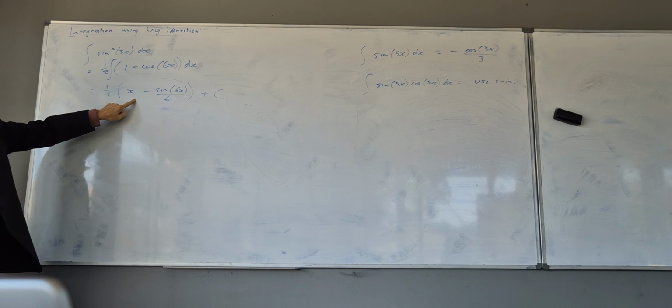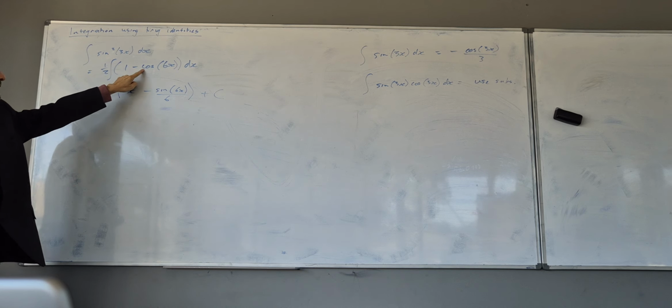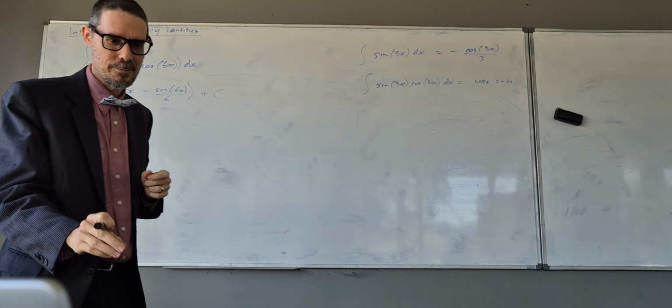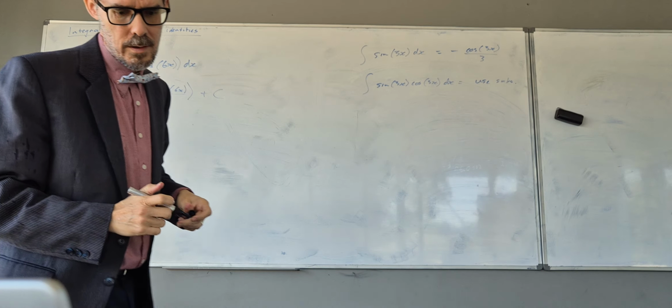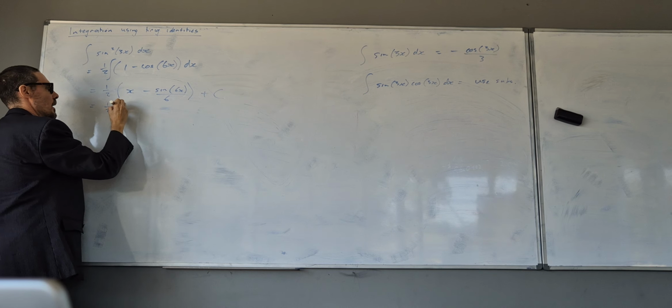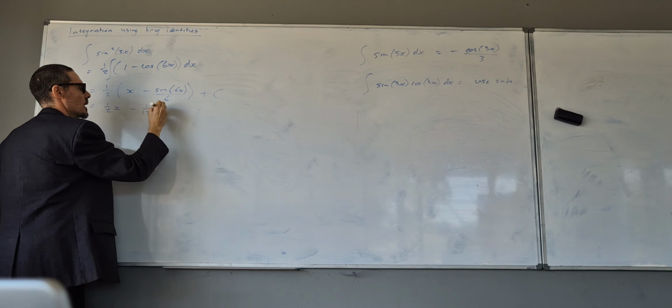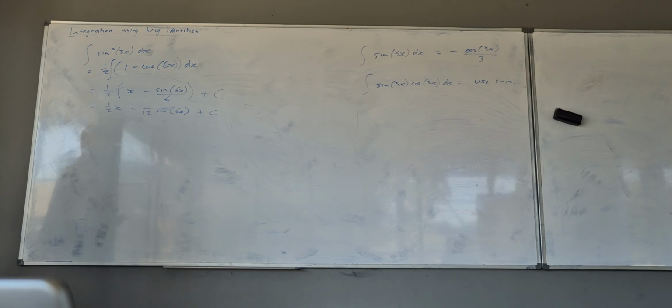Because you should be. This is the new bit. All I'm doing is replacing a sine squared with something without a square, using power reduction. If you wanted, you could go half x minus 1/12 sine 6x, if that's neater. Either way.